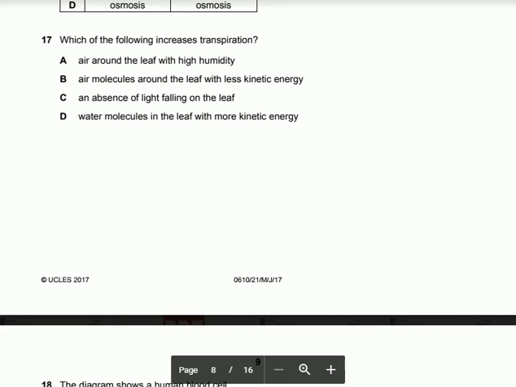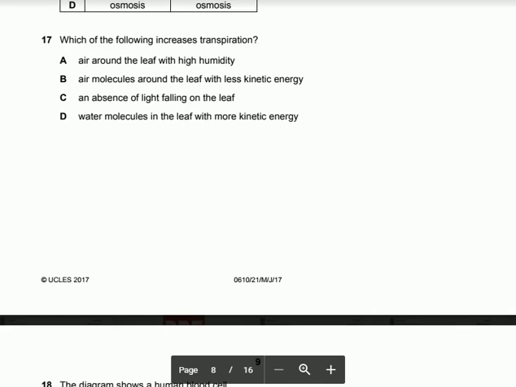C, an absence of light falling on the leaf. If there is an absence of light falling on the leaf, no light, no transpiration. This is because light has these kinetic energies that come and replace those kinetic energies.